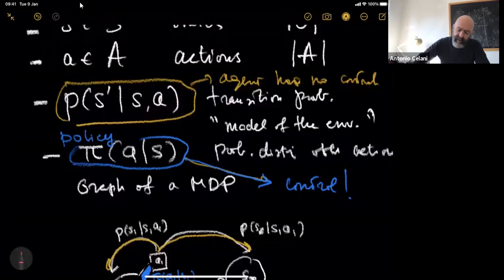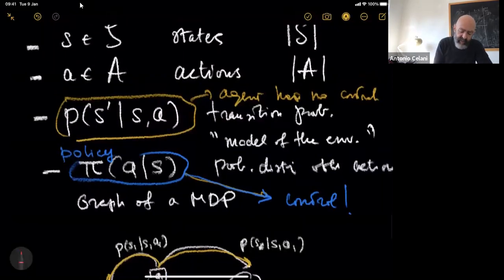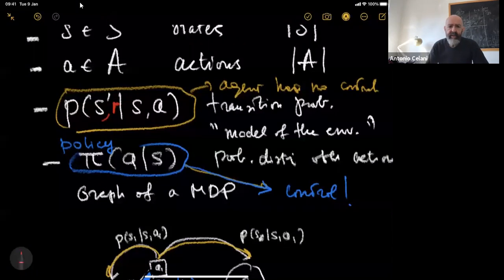Well, in the general case, we can introduce them here. So we can tweak our transition probability in order to add to each of these steps the probability of going to a certain location and receiving a certain reward.